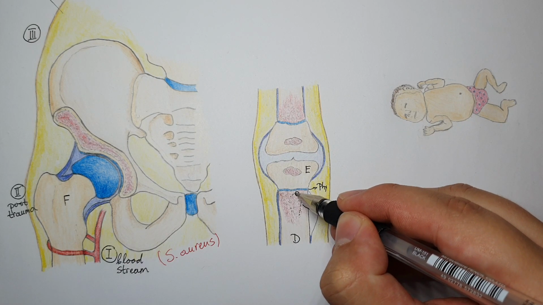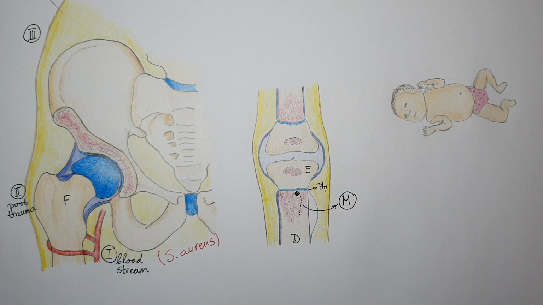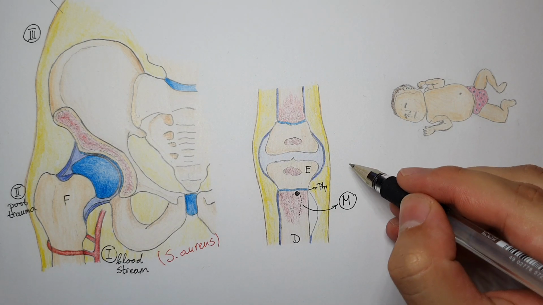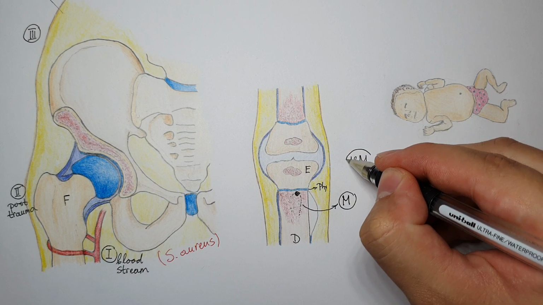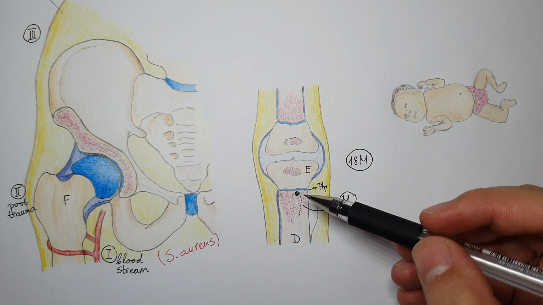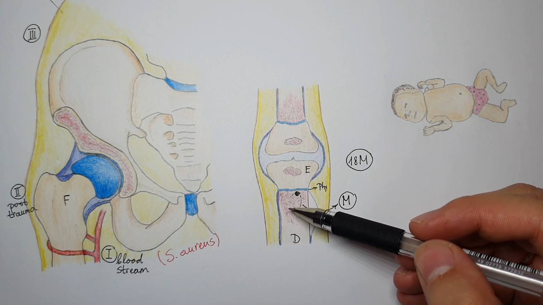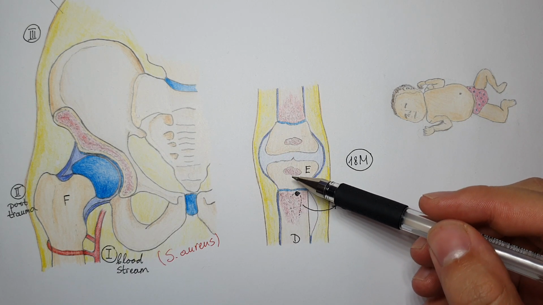In children from when they are born to about the 18th month of age, there are vessels that connect the metaphysis with the epiphysis.